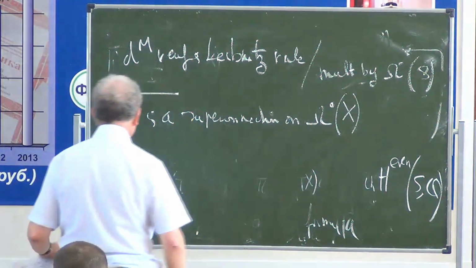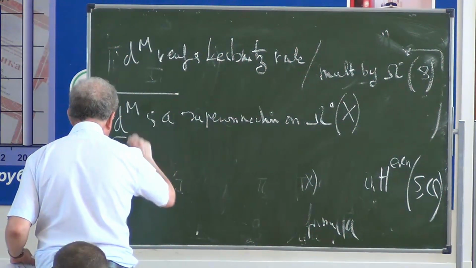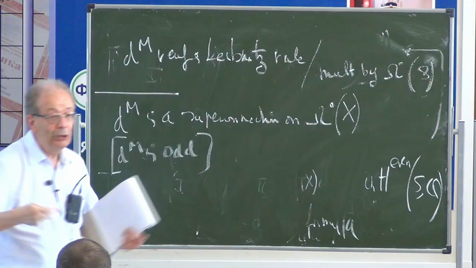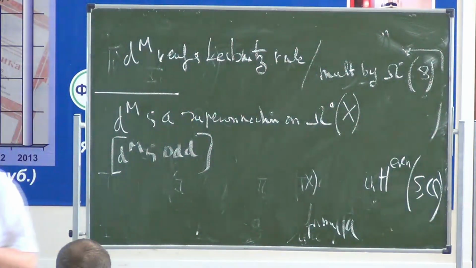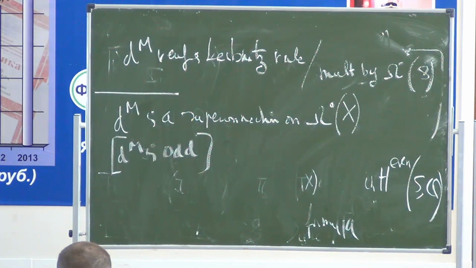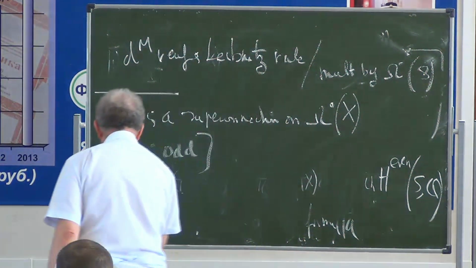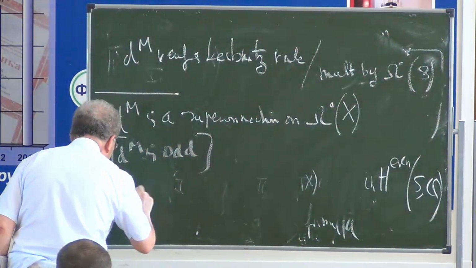Okay, so if you put everything together, dM is odd: it maps even forms into odd forms, and odd forms into even forms, and it verifies the Leibniz rule with respect to multiplication by S. So dM actually is a superconnection on Omega of X, and what is its curvature?